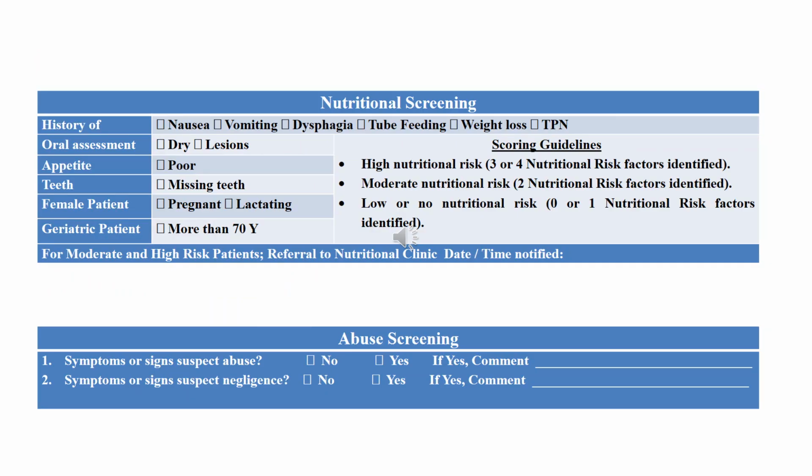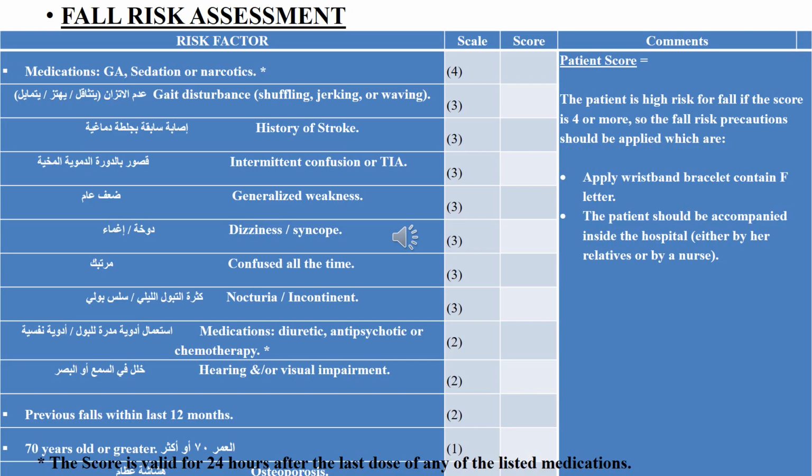Then nutritional screening and abuse screening. Then full risk assessment, which is valid only for 24 hours after the last dose of any of the listed medications. This form needs the nurse's signature with date and time.